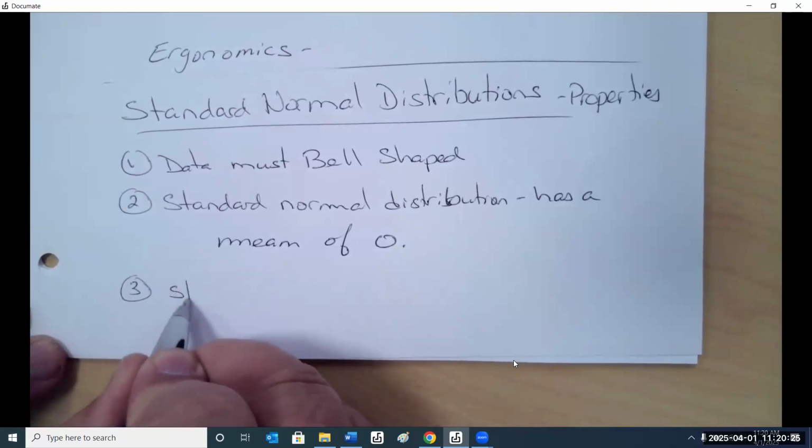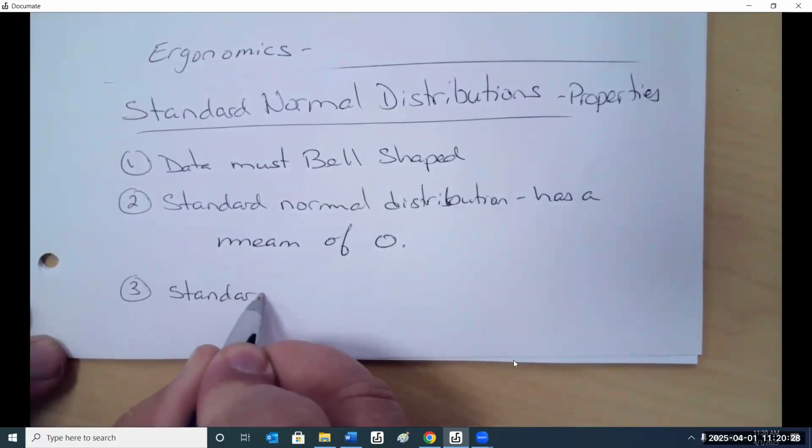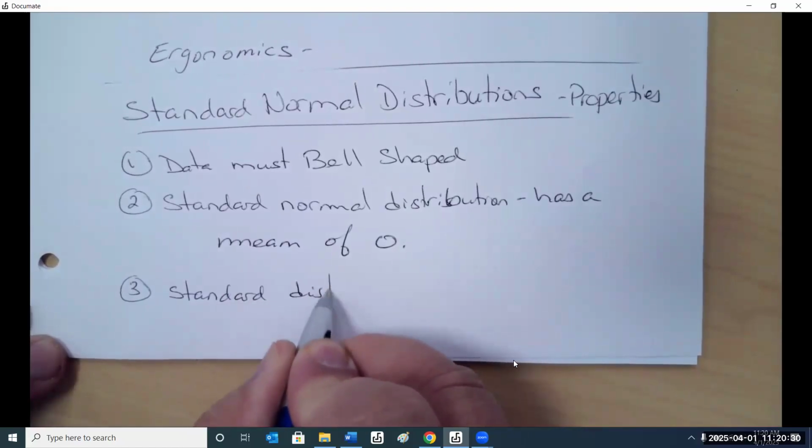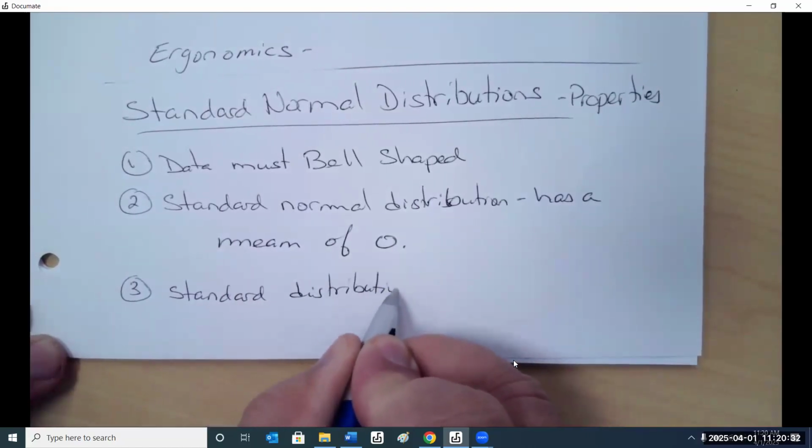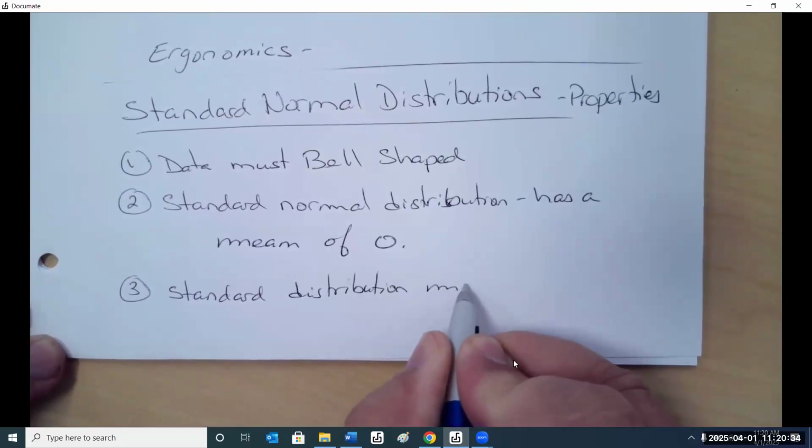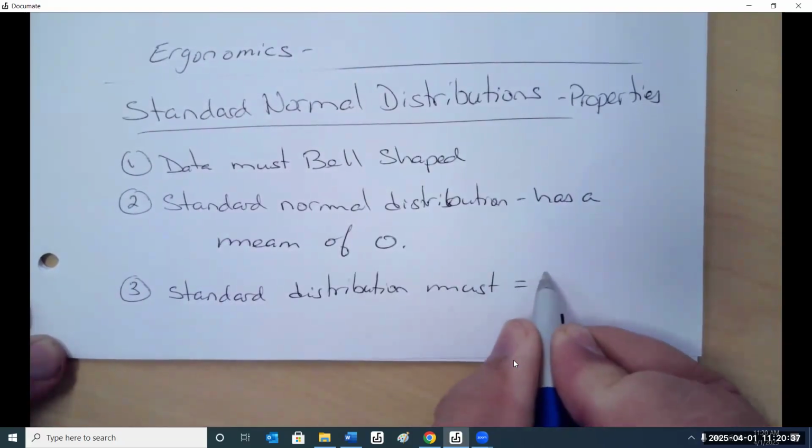And the standard deviation must equal 1.